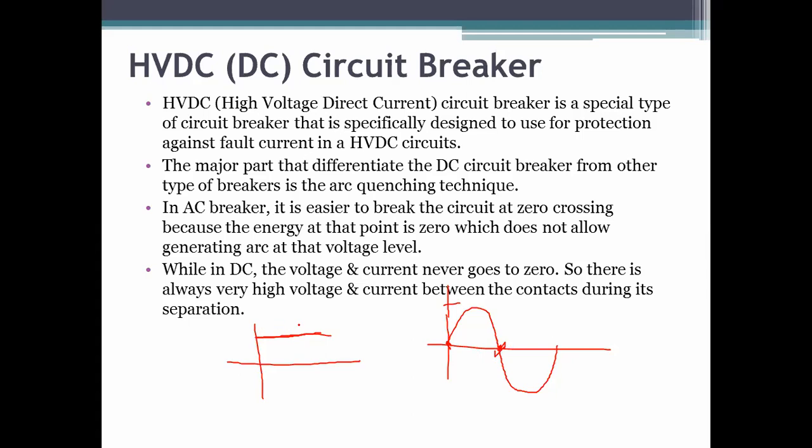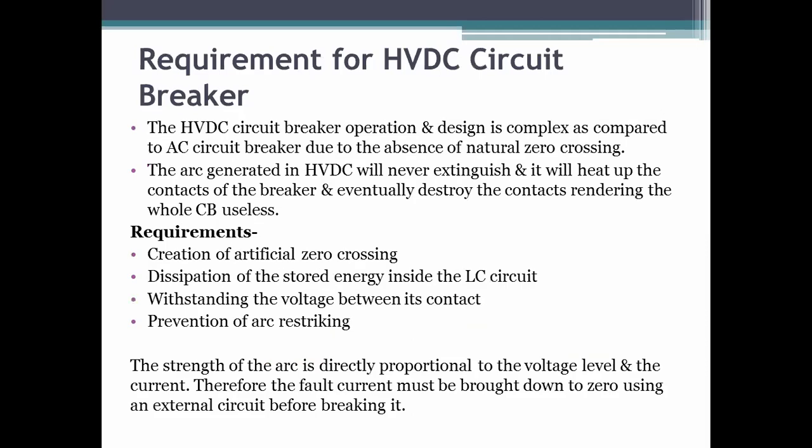But it is not possible for the DC circuit, because here it is not becoming zero, it is continuously at its peak value. That's why it is difficult to maintain the natural current zero, and it is difficult to extinguish the arc.